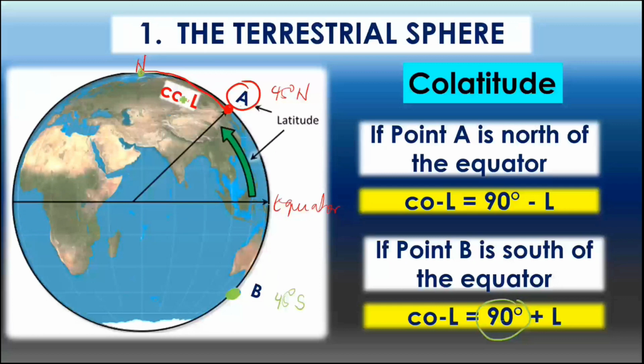For the colatitude of point A, the colatitude is 45 degrees. While for point B, that is 90 plus 45, so the colatitude is 135 degrees.